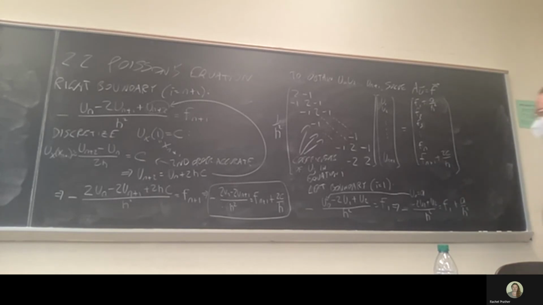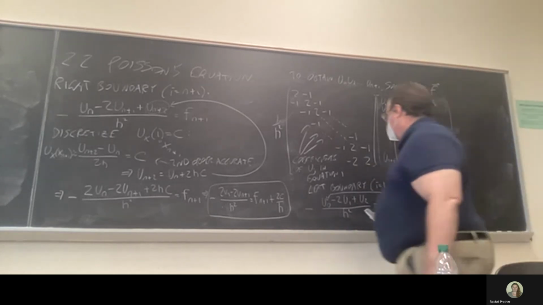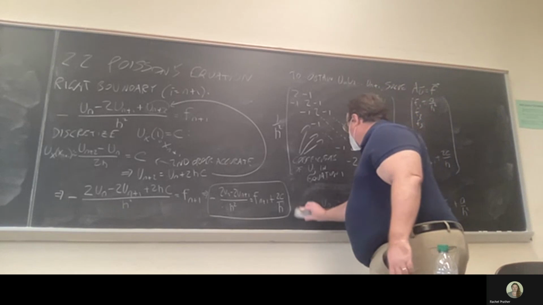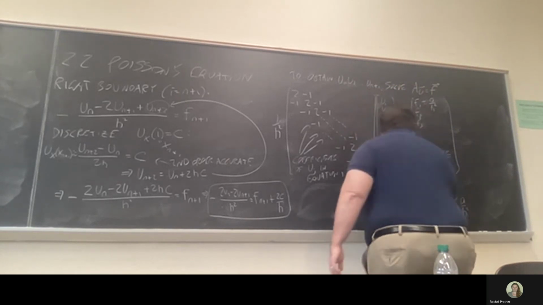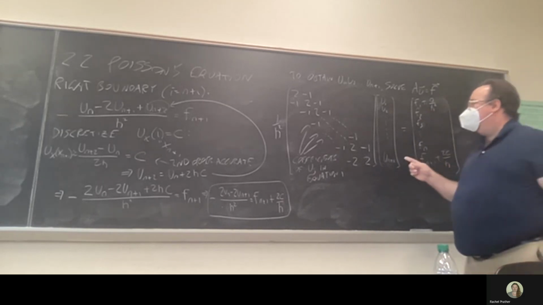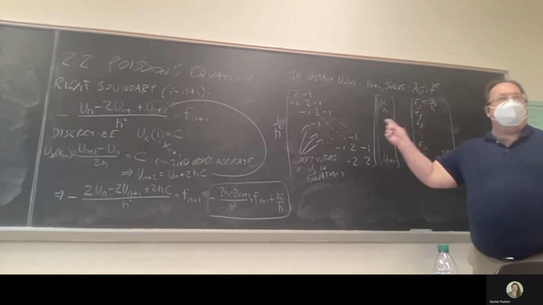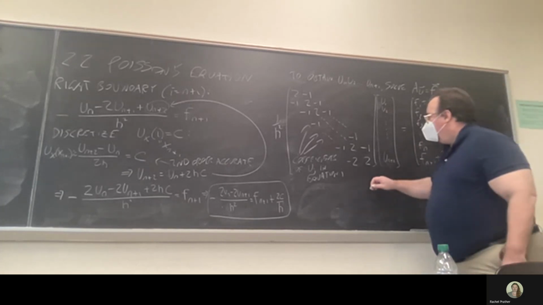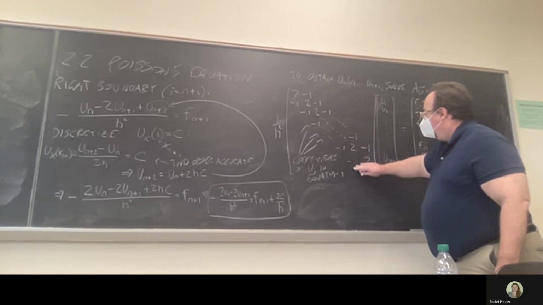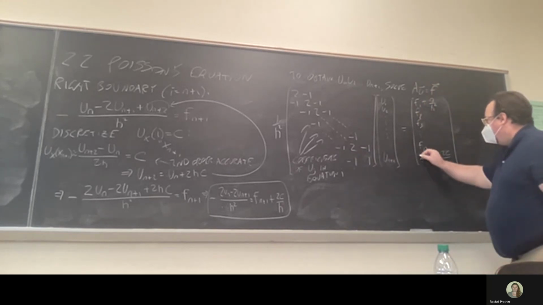However, what's preferable is to make a slight change to this system. And a very simple change. What I'm going to do is take the last row, only the last row, and divide through by 2. And then I have to divide the right-hand side by 2.